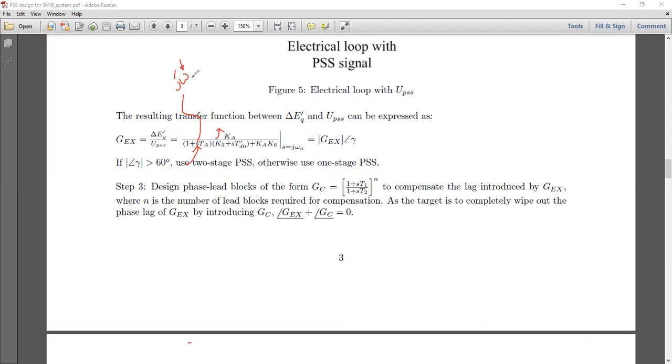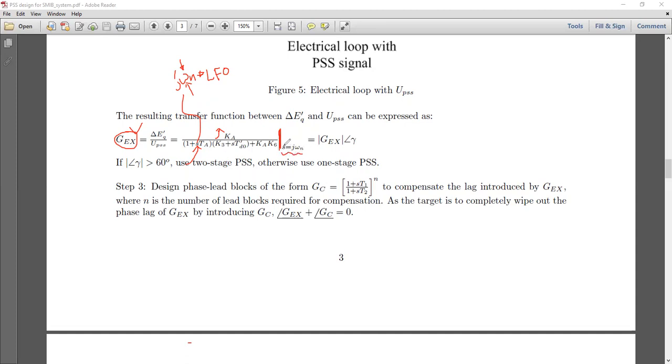Rather, this omega should be omega equals omega n that we just found in step number 1, because that is our frequency of oscillation, the frequency associated with our instability problem. So we have to evaluate this GEX at a certain frequency that we calculated in step number 1, and that is nothing but omega n. So this bar here means evaluated at S equals j omega n.